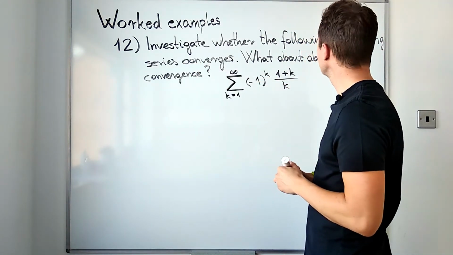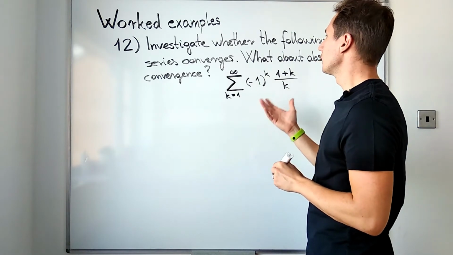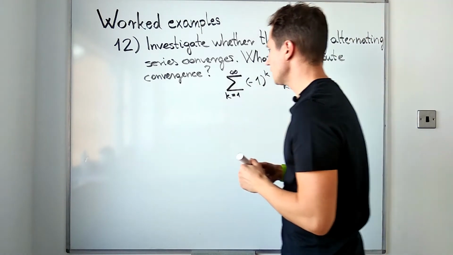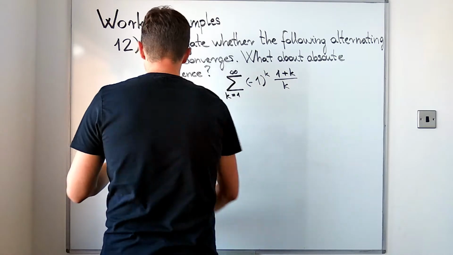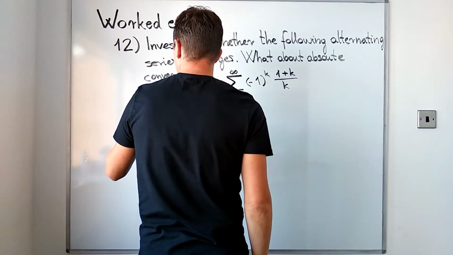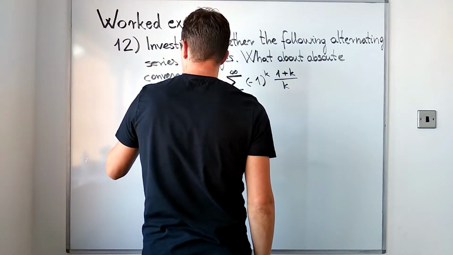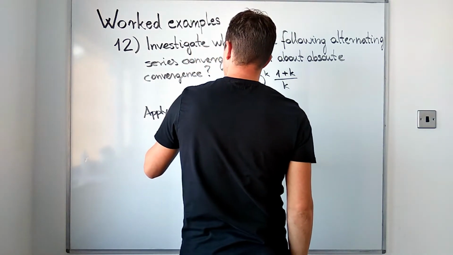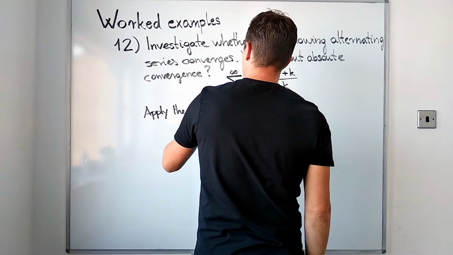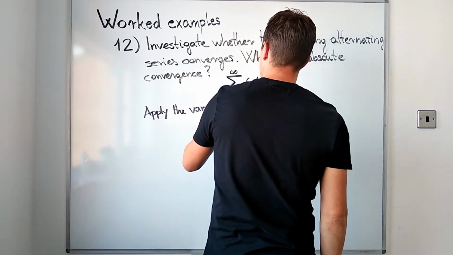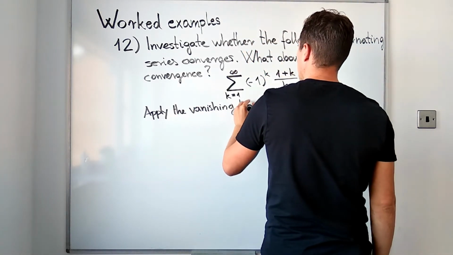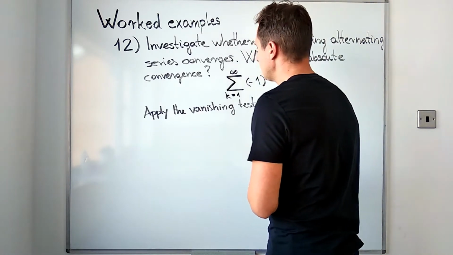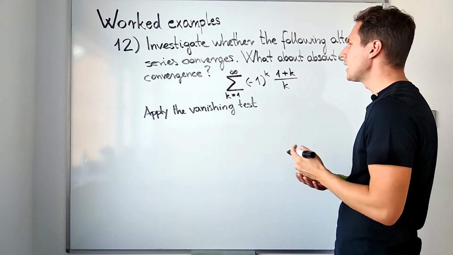For alternating series, we have seen the alternating series test, which first starts with the vanishing test. So apply the vanishing test. We always have to start by applying the vanishing test, and that's a good idea in general.